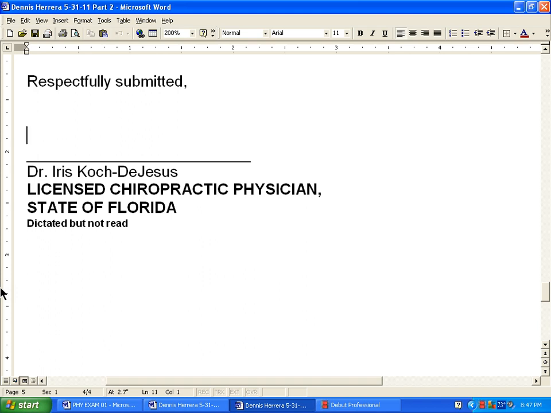Doesn't matter who examined the patient, you put her name there. And in the template it says licensed chiropractic physician, all caps, comma, and under there state of Florida, all caps, and then in subscript dictated but not read. That's how she wants it, exactly like that.